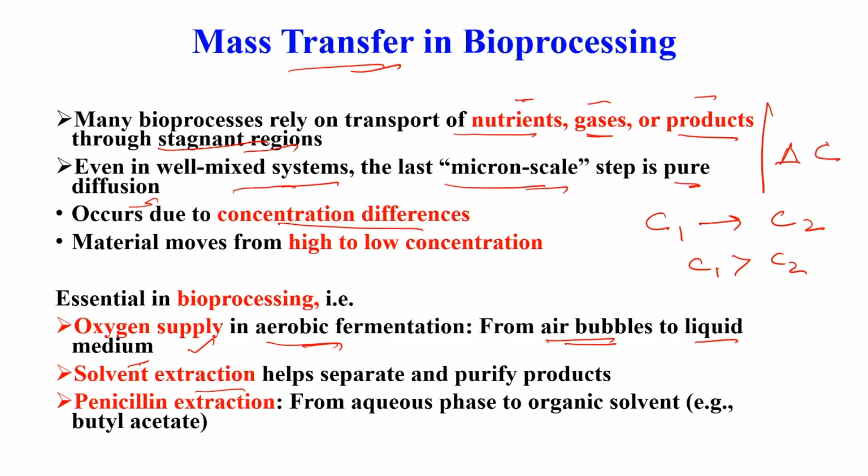It is important for solvent extraction. It helps to separate and purify your product. There is again a mass transfer operation. Extraction is a mass transfer operation. For example, in case of penicillin extraction, the aqueous phase and organic phase are used for the extraction of penicillin, and we typically use butyl acetate as organic solvent.